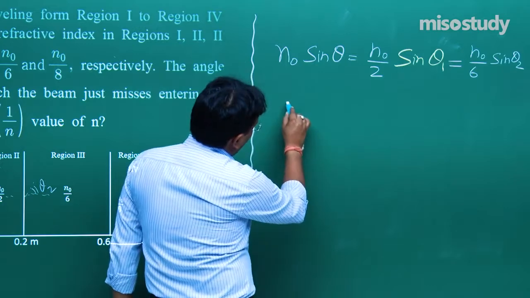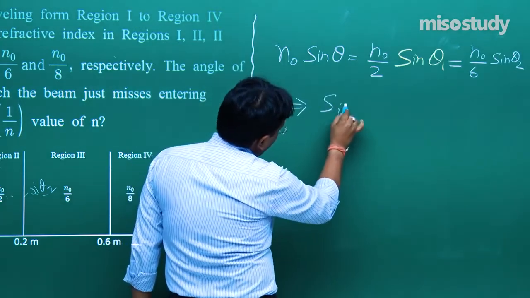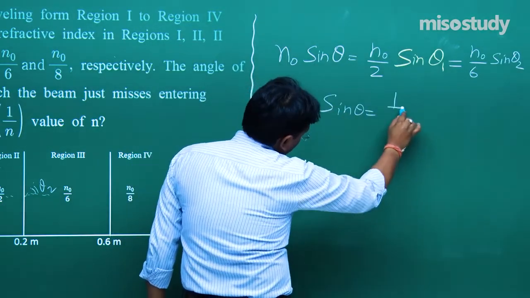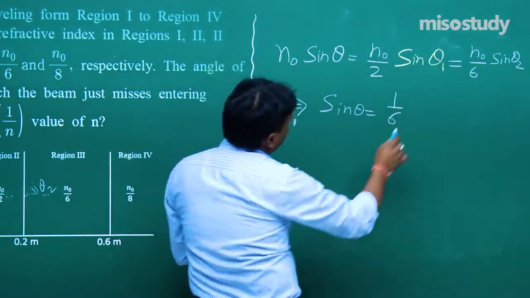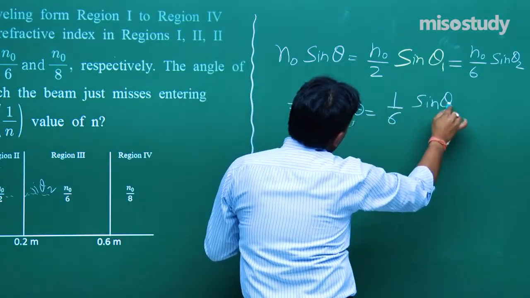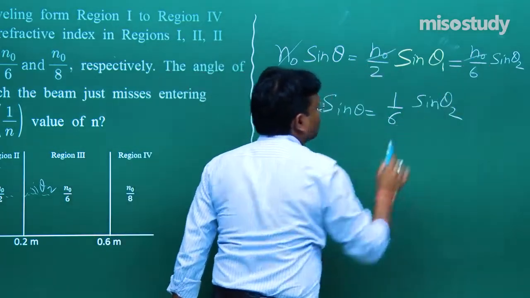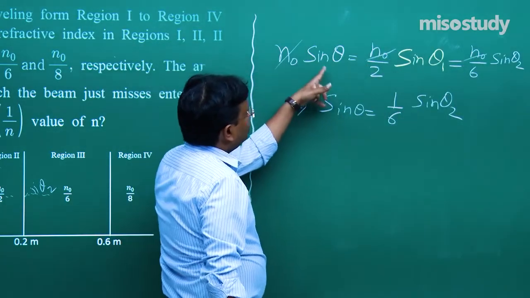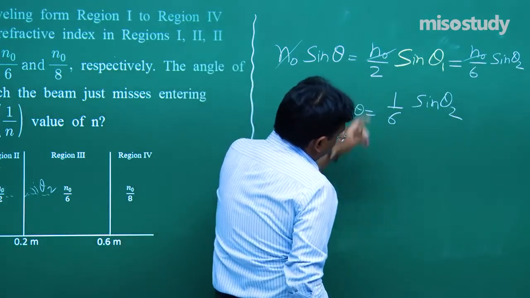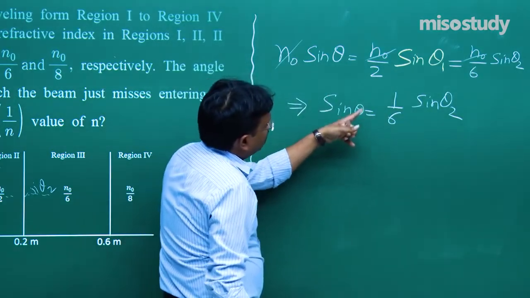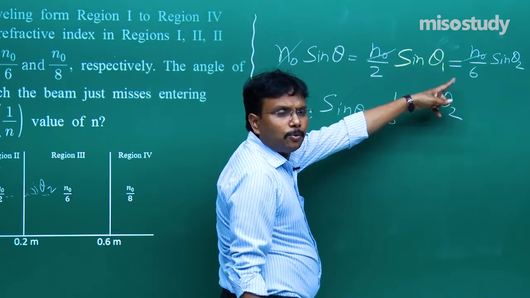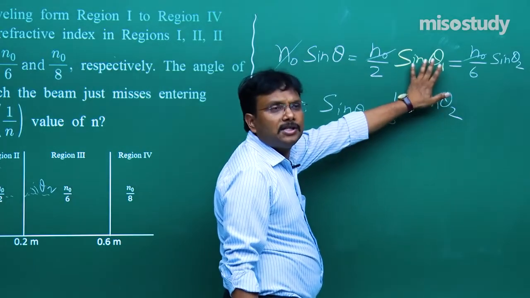Now from here what I can say is that sin theta is equal to 1 by 6 sin theta 2. Why? Sin theta is equal to 1 by 2 sin theta 1. So sin theta is equal to 1 by 6 sin theta 2. Ultimately you can put this, because all these terms are equal to each other.